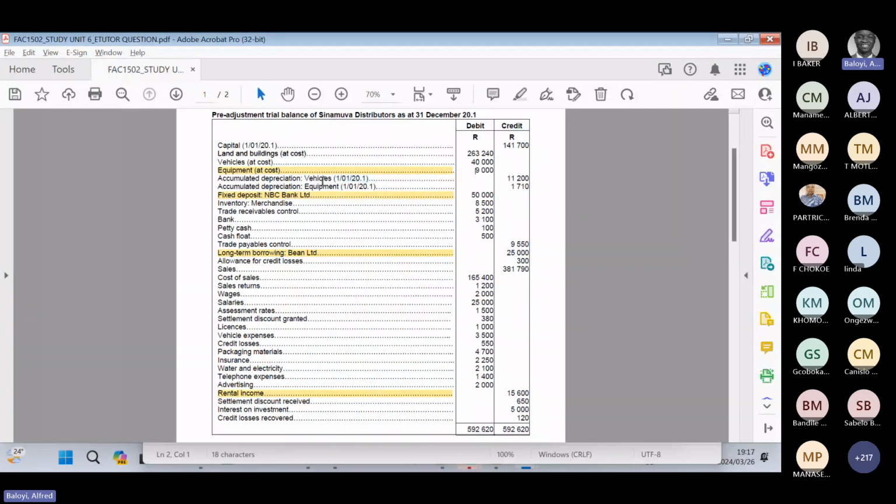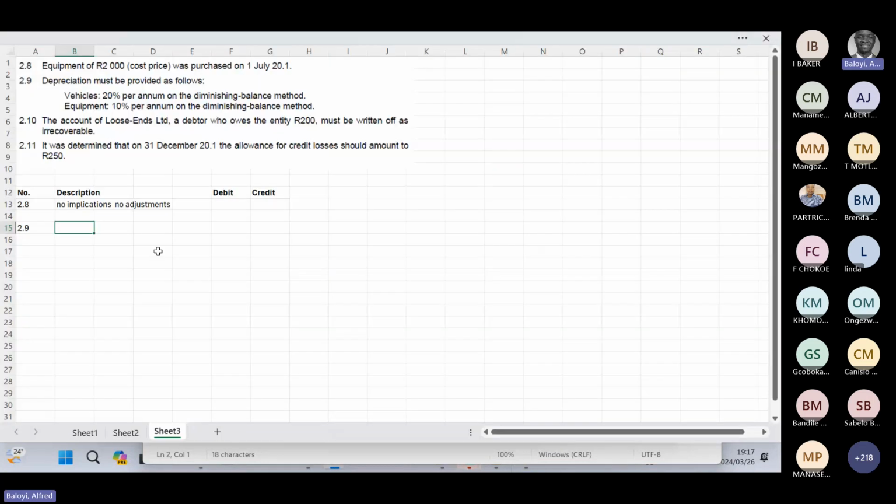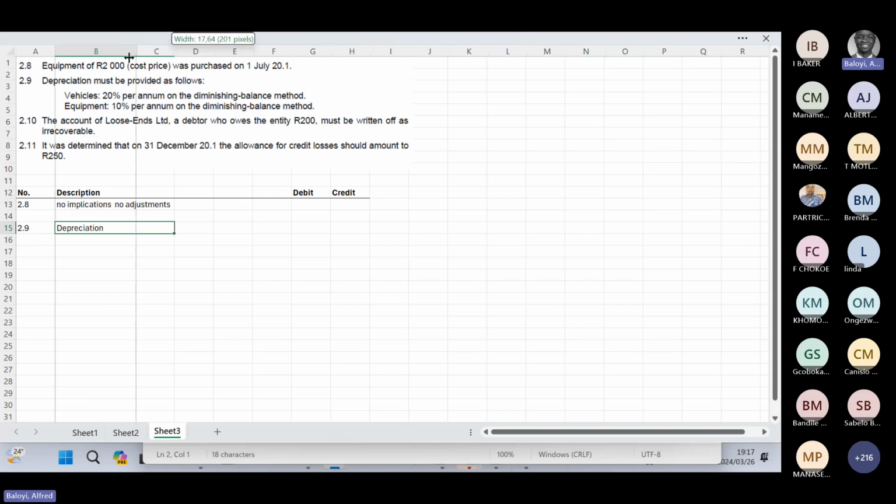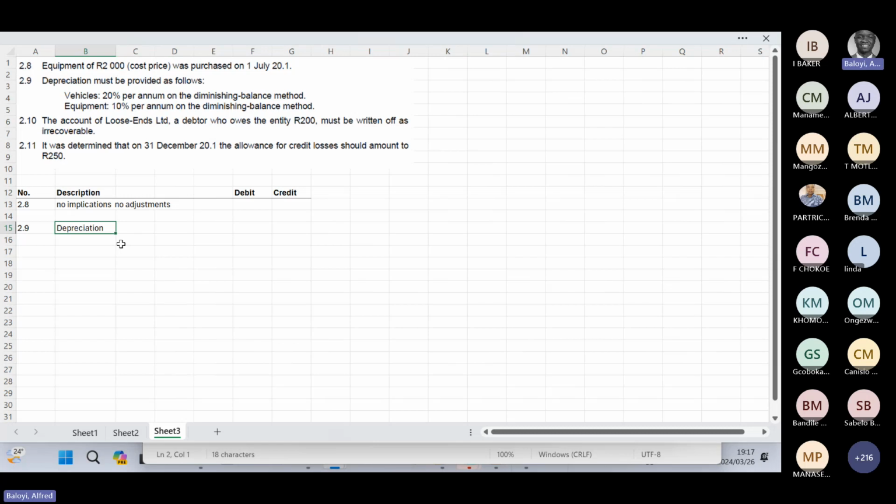And then if you look at the accumulated balance, it's from the beginning of the year, but it must be up until 31 December 20.8. So we know that depreciation is an expense, and it will increase on the debit side. So it will debit the expense, and then we have accumulated depreciation for vehicles, right?